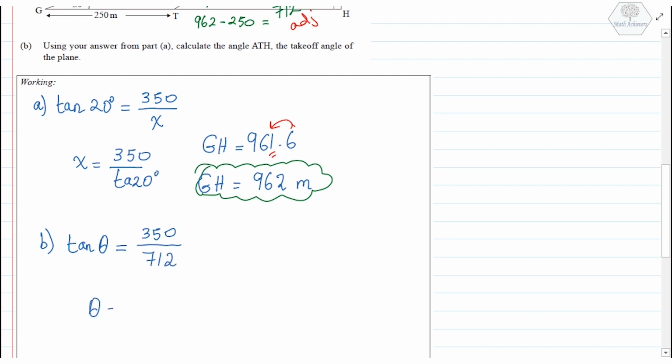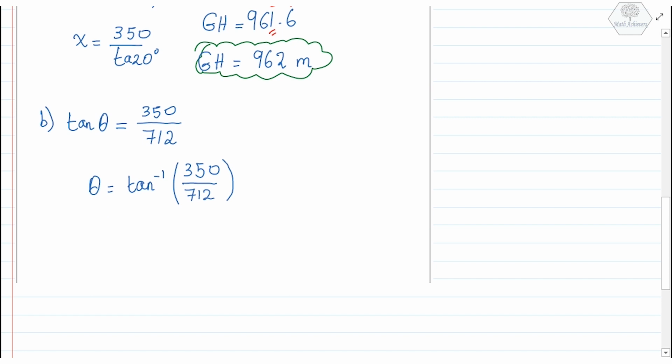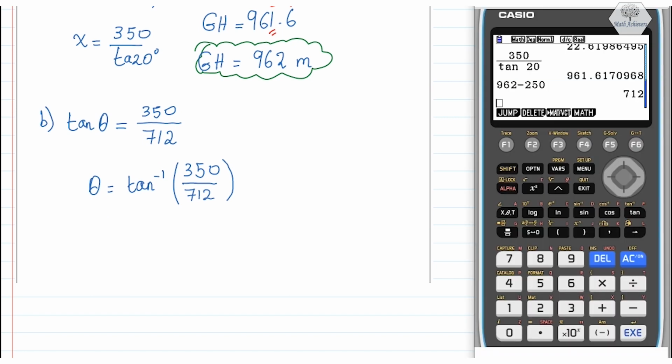So theta is equal to tan inverse of this value. To find it, we can use our graphical display calculator. We go to Shift, tan, in a bracket, and I have my fraction 350 over 712, and this would be equal to 26.2 degrees.